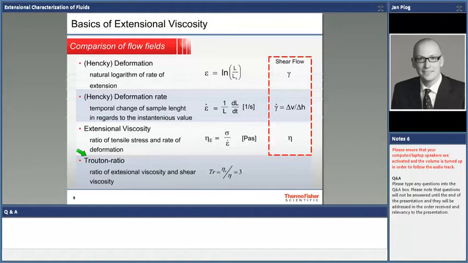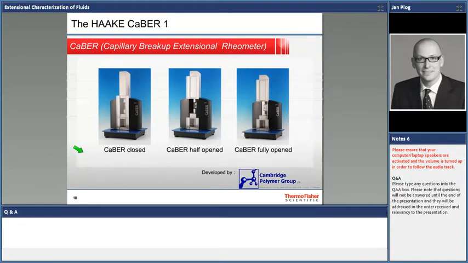I don't want to go into too much detail in terms of math today, but this Trouton ratio derives directly from the 3-dimensional stress tensor. For a Newtonian fluid, the extensional viscosity will always be 3 times higher than the shear viscosity. However, for non-Newtonian fluids, this will change dramatically. And again, we talk about this in more detail in a second.